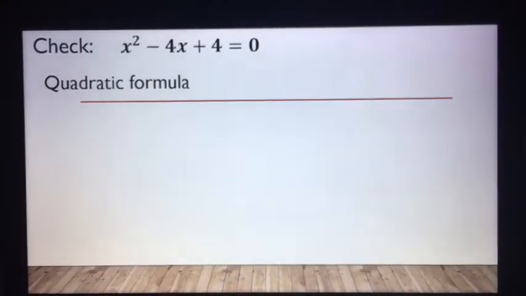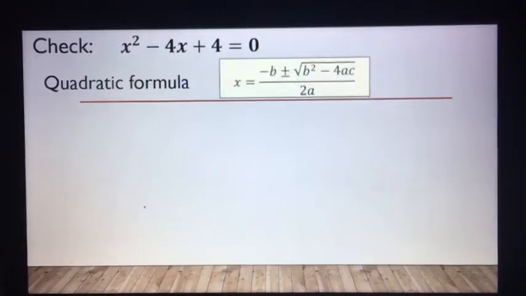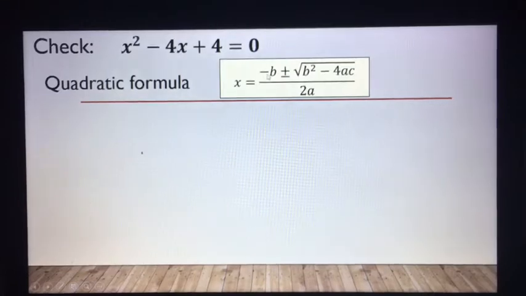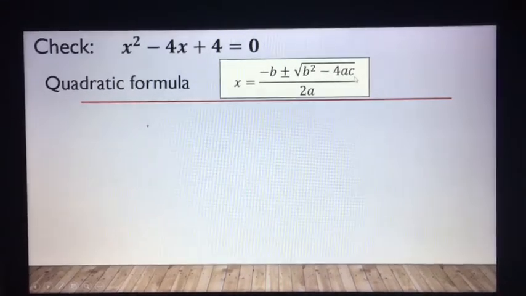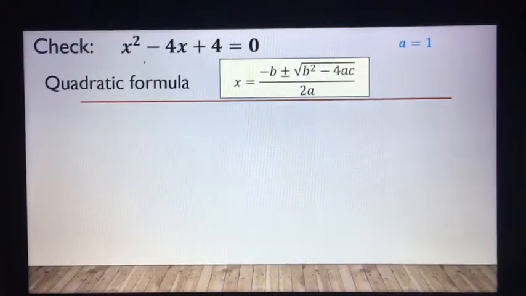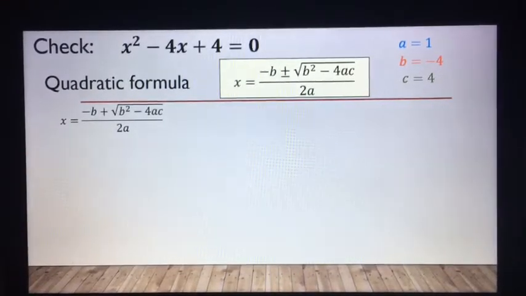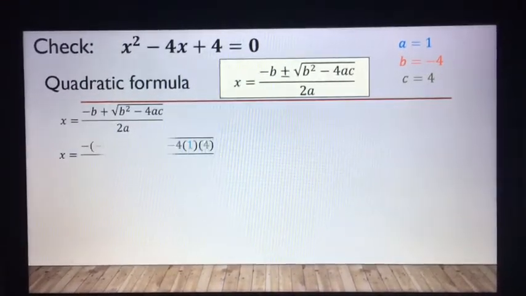So, what is our quadratic formula again? x equals negative b plus or minus the square root of b squared minus 4ac over 2a. So, let us find the values of a, b, and c. A is 1, b is negative 4, and c is positive 4. So, let us substitute into our quadratic formula.